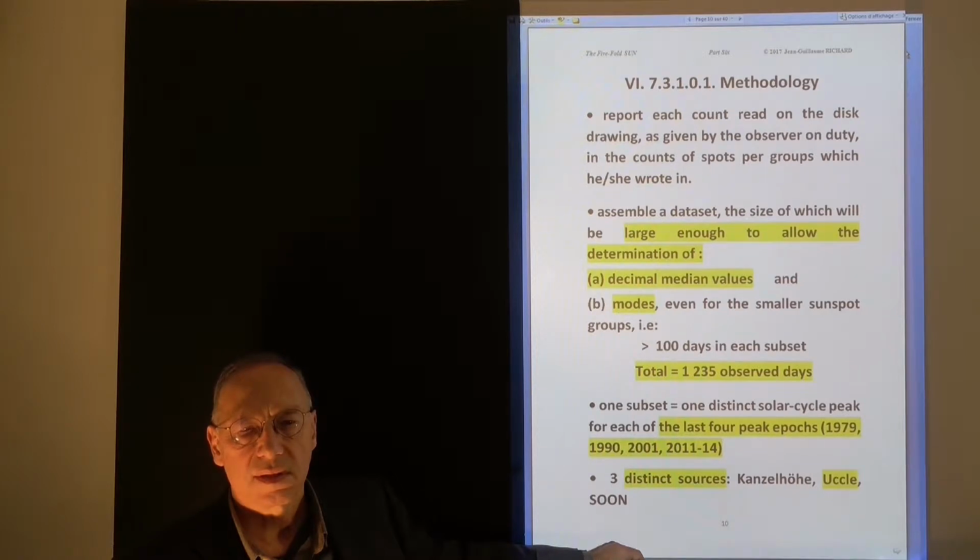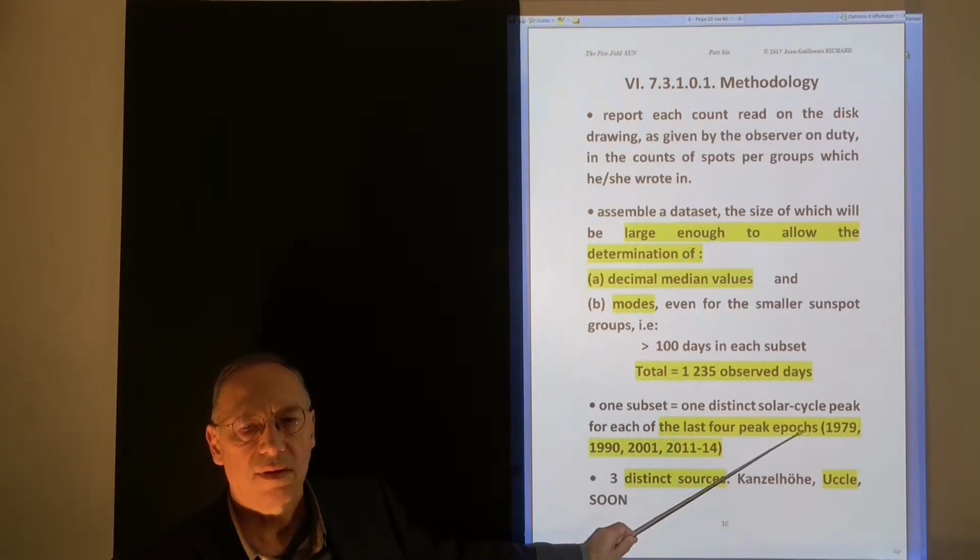The data set sizes that we retain are at least 100 days actually observed in each data subset, and in total we will have 1,235 observed days in our total database. In one subset, we intend to have a distinct solar cycle with its peak epoch.